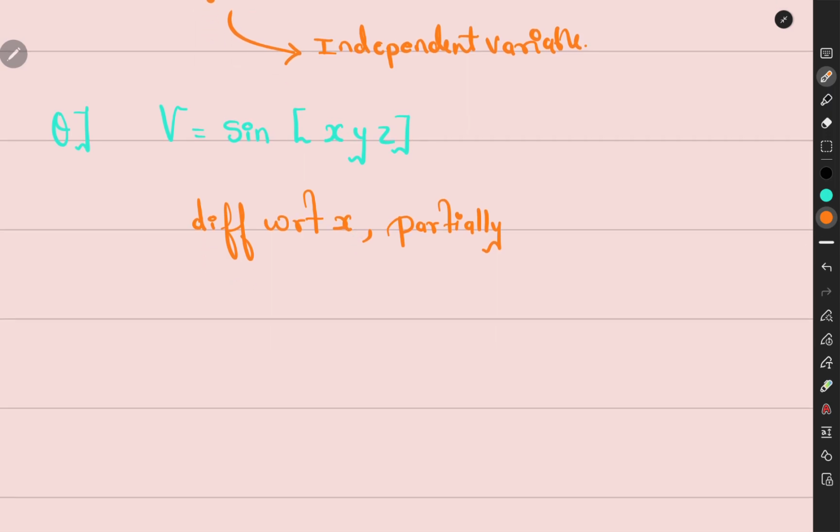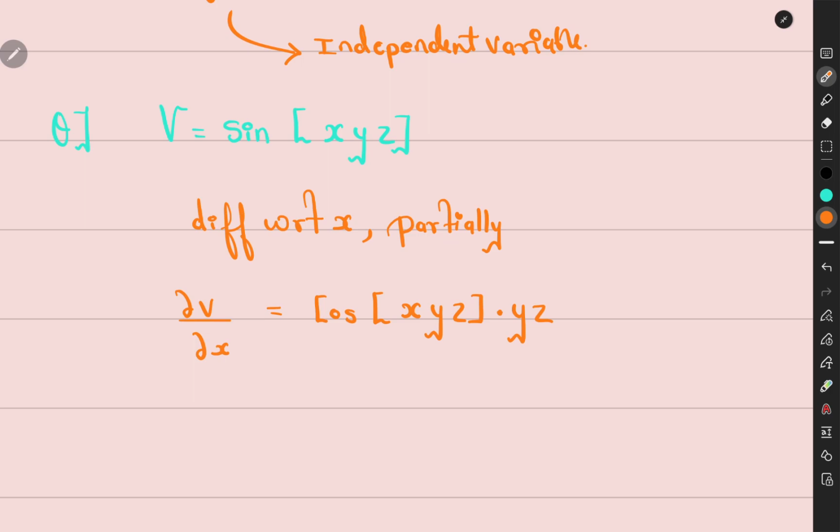The derivative will look like del v by del x, since we are doing it partially with respect to x, is equal to cos xyz into yz.